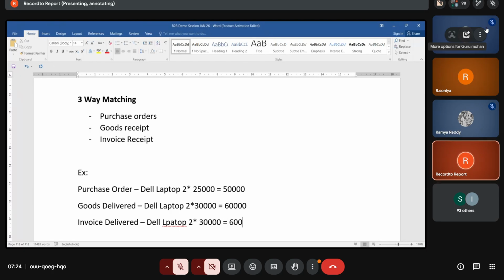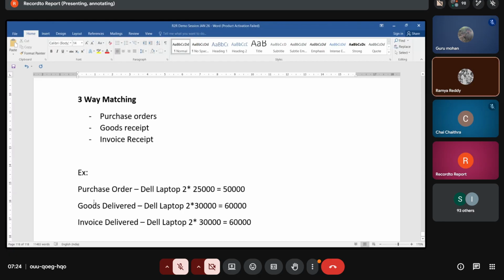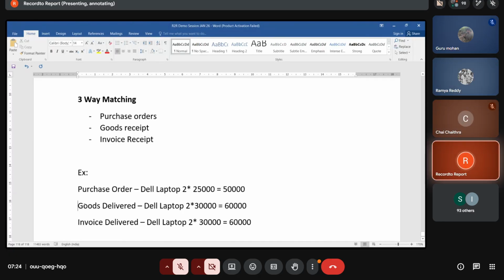Okay, so what is the purchase order you made, guys? What is the amount you made for purchase orders? 50,000. But while delivering the goods and in the invoice generation, the vendor is telling the price got increased. So you need to pay 30,000 rupees for each laptop.